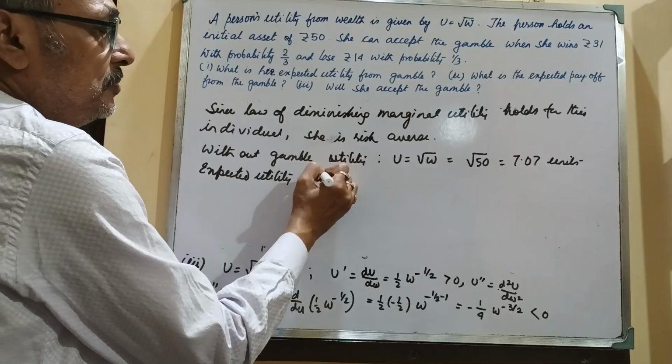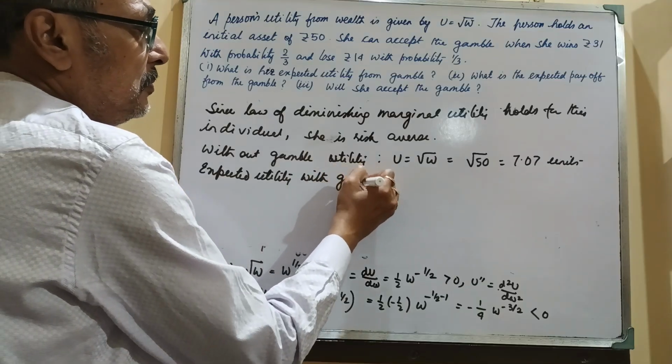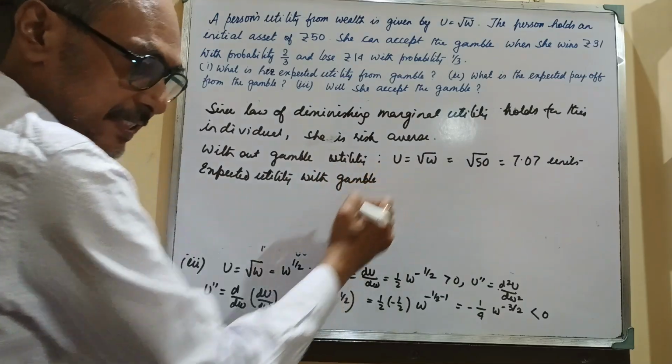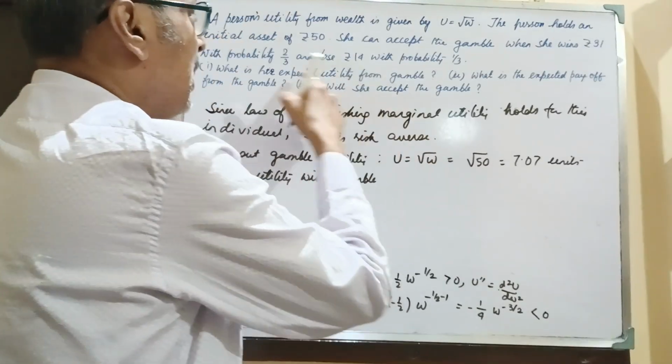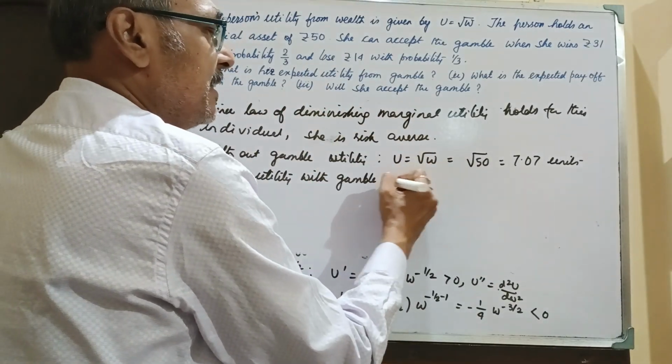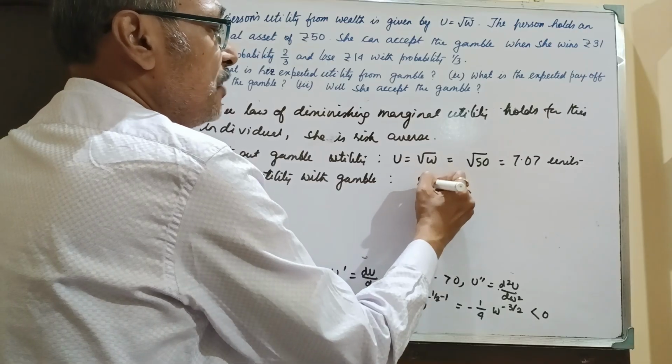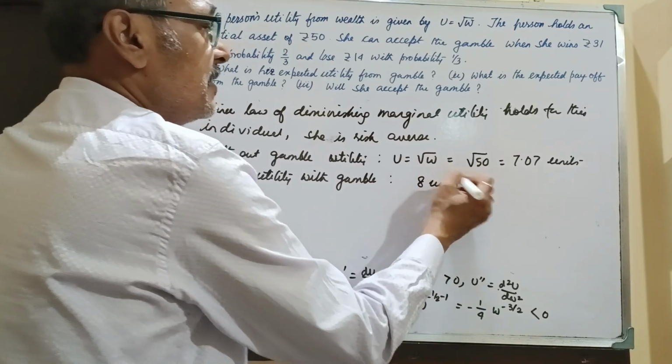And the expected utility with the gamble, we have calculated in part 1. This is 8 units.